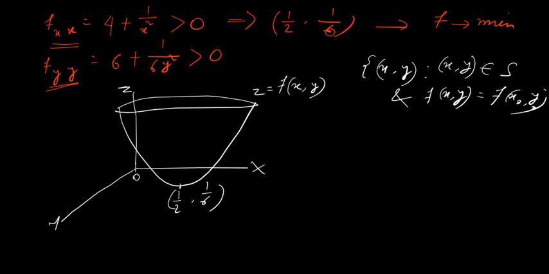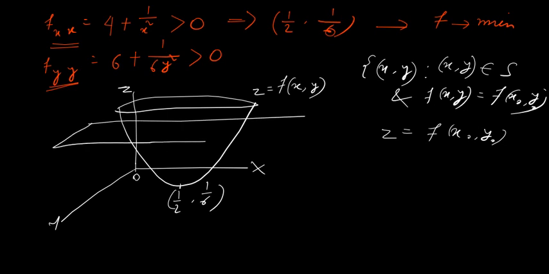What is f(x0, y0)? Suppose a plane z equals f(x0, y0). Suppose the plane is this. This is z equals f(x0, y0).